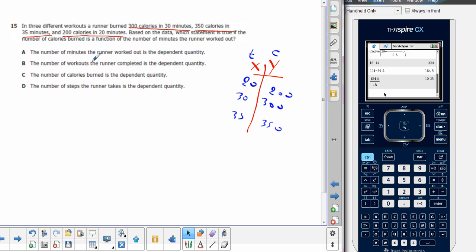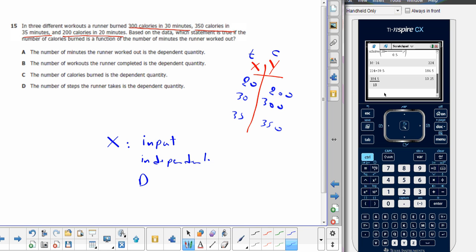Now, the number of minutes the runner works out, does it depend on the quantity? So usually, let's talk about dependent and independent. What do we know about X? We're gonna use this as a review. X is your input. X is your independent. X is your domain. Now, what do we know about Y?